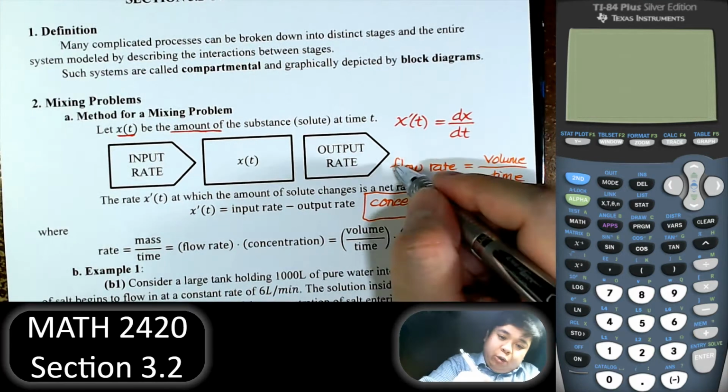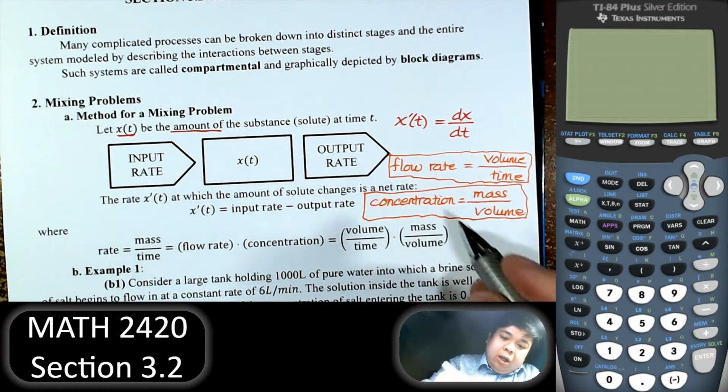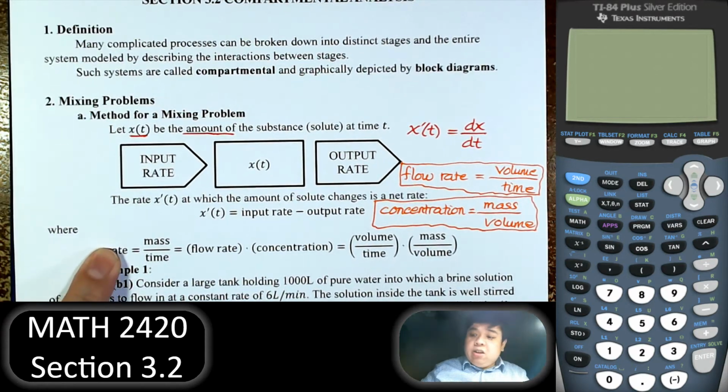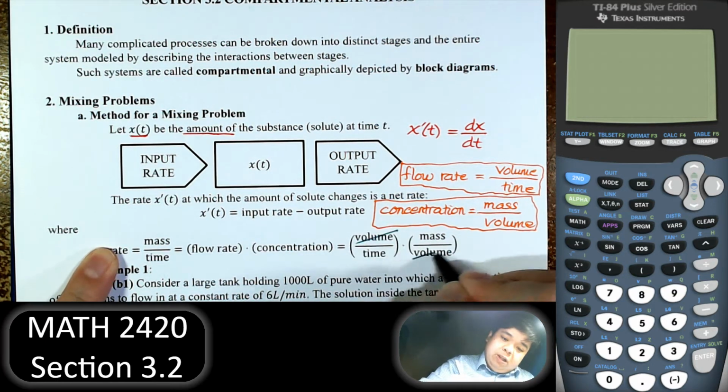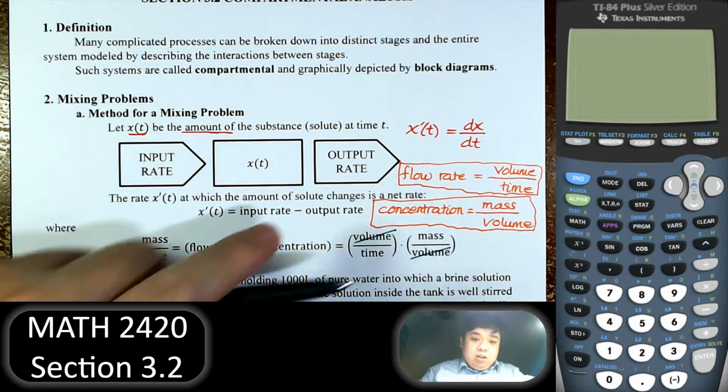So I have those two formulas. These two formulas together give us the rate, because if we cancel out the volume, we have mass over time. That is exactly what the rate is.